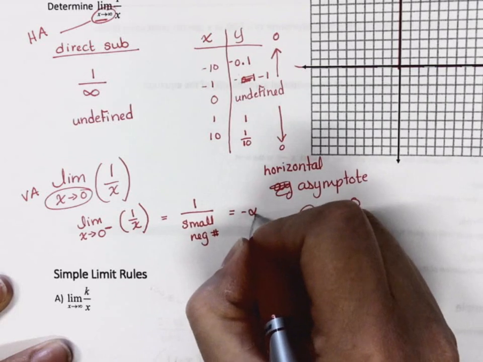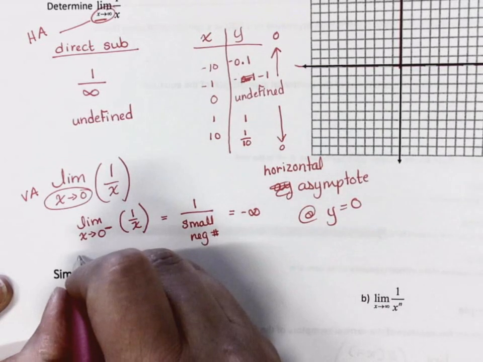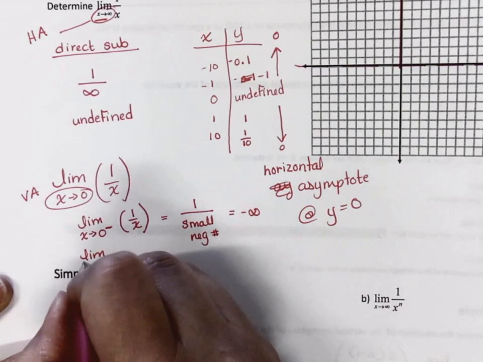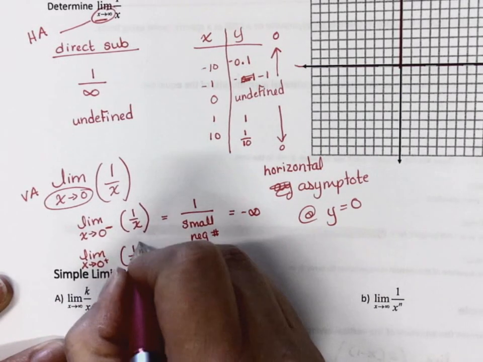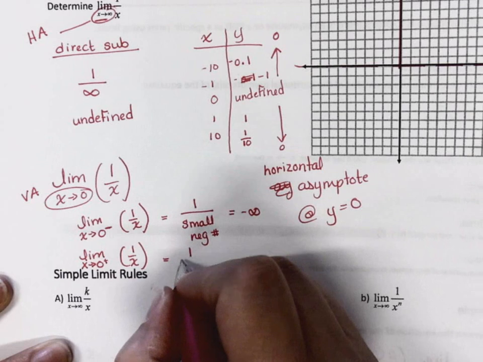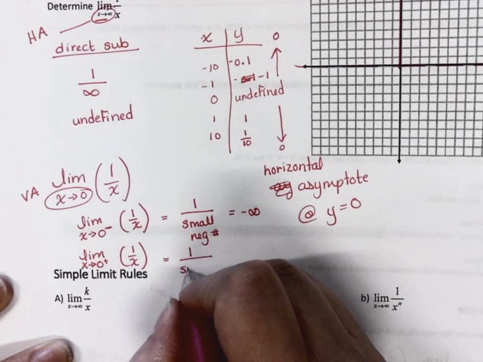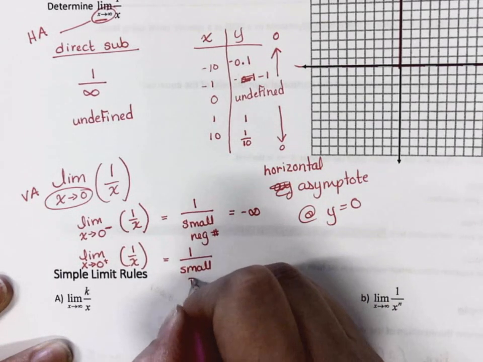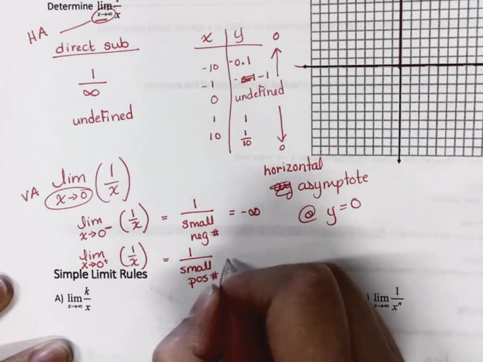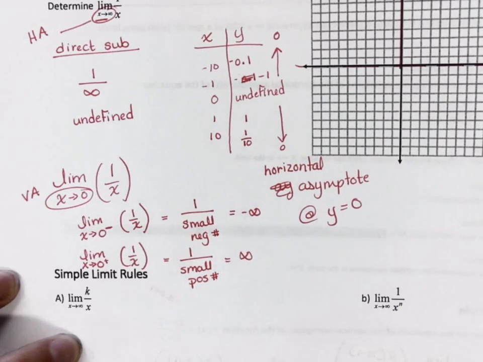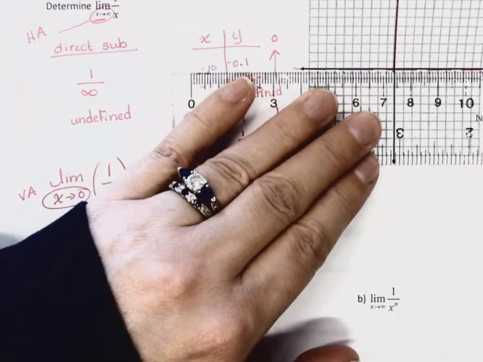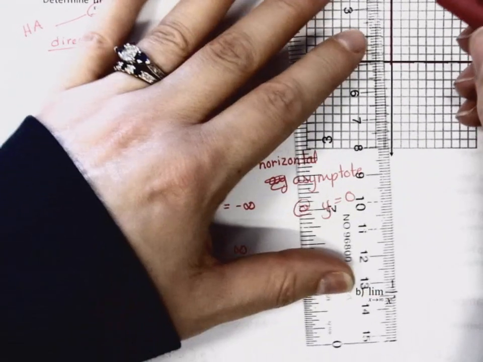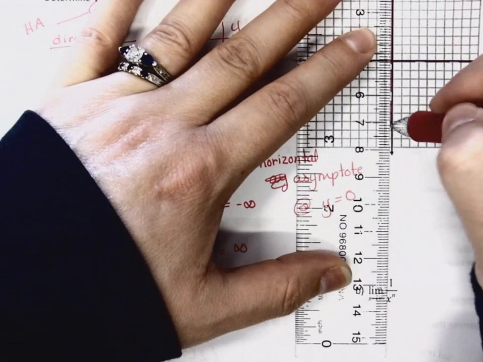So that's going to be negative infinity. And then if we do limits as x approaches 0 to the right, that's positive, so we know that there is a vertical asymptote happening here.